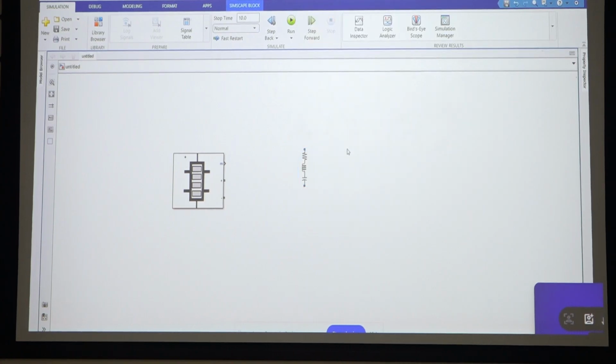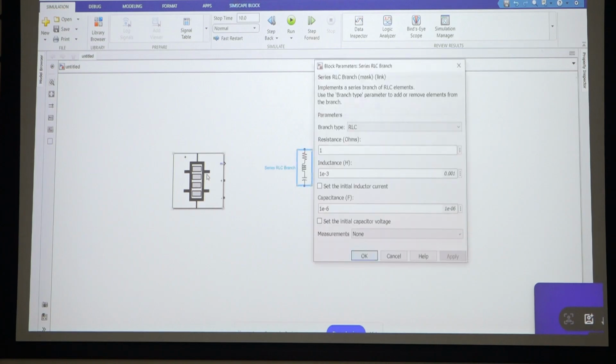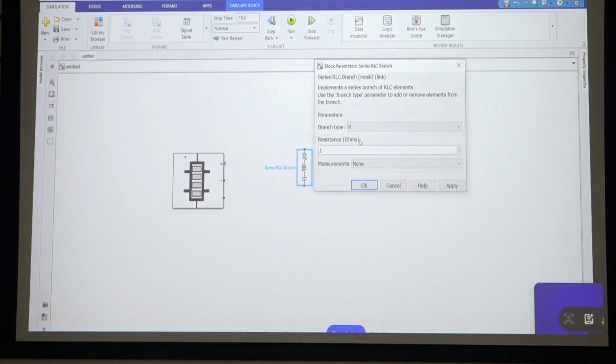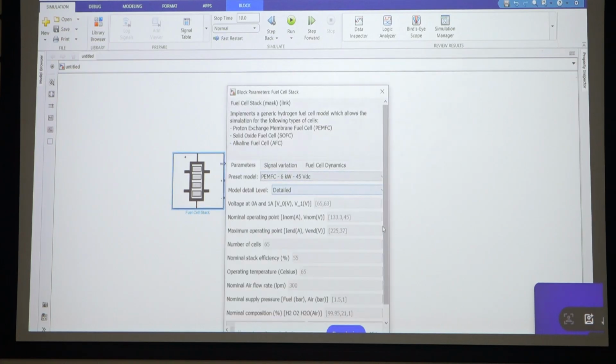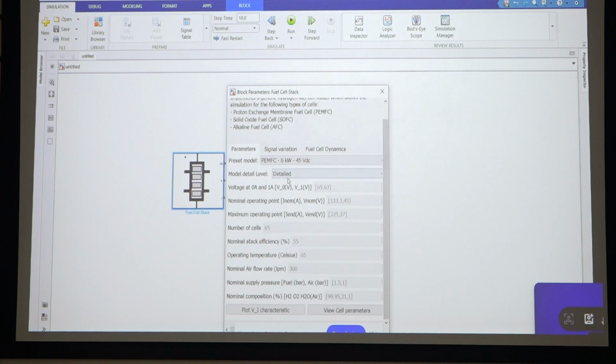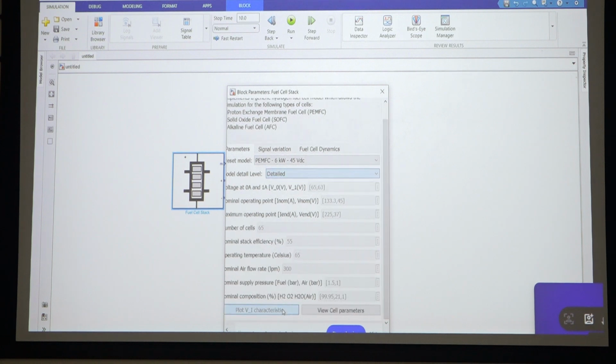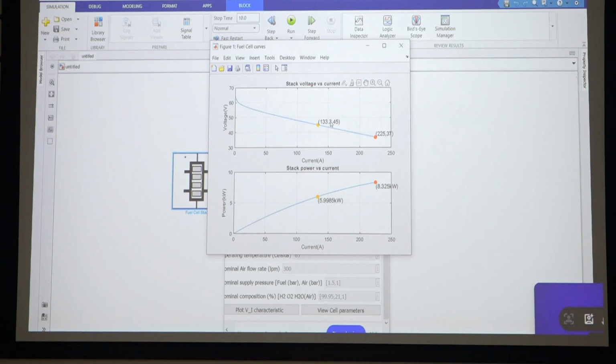If we want to change the parameters of this, just double click. Similarly, like the fuel cell, double click. If we want to take only resistance, we can take that. And this value, if we want to see, for example, here, the current is this much and the voltage is this one.